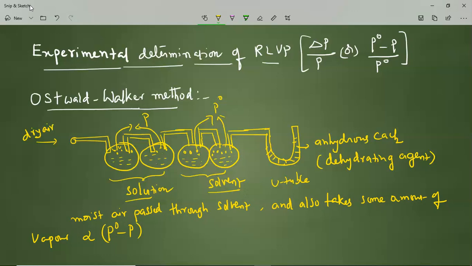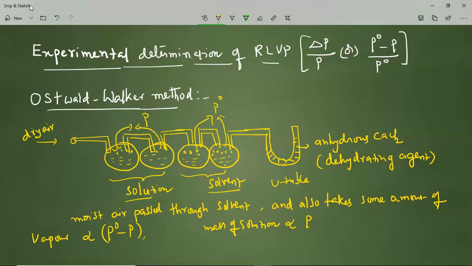So what we have noticed from this is that the loss in mass of solution is directly proportional to the vapor pressure created in the solution bulbs.